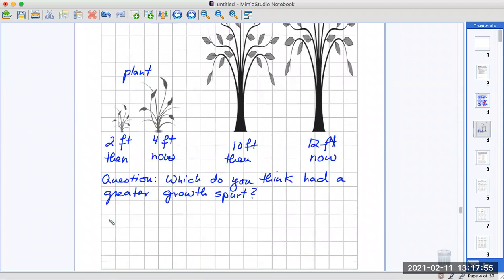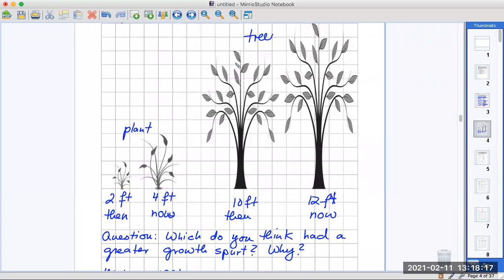Your answer goes right here. And why? You need to explain, okay? So you explain your answer. That page should be not right or wrong.